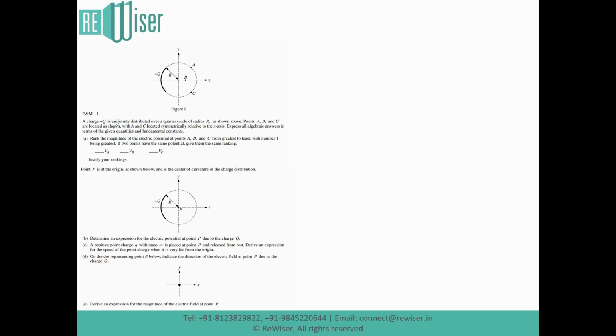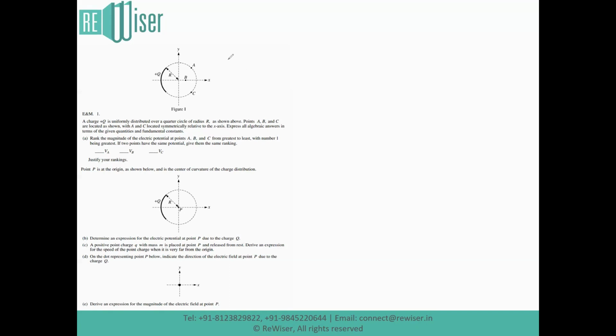Rank the magnitude of electric potential at points A, B, and C from the greatest to the least, with number 1 being greatest. If 2 points have the same potential, give them the same ranking.